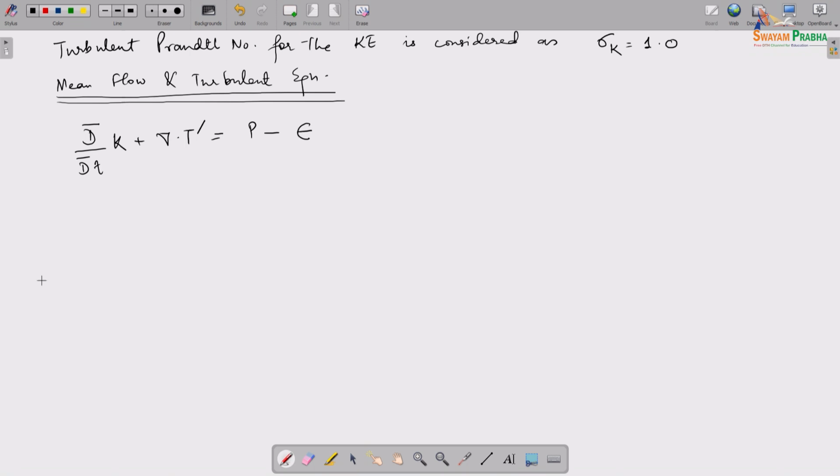Where this T plus T prime is the energy flux, and that is modeled using the gradient diffusion hypothesis.